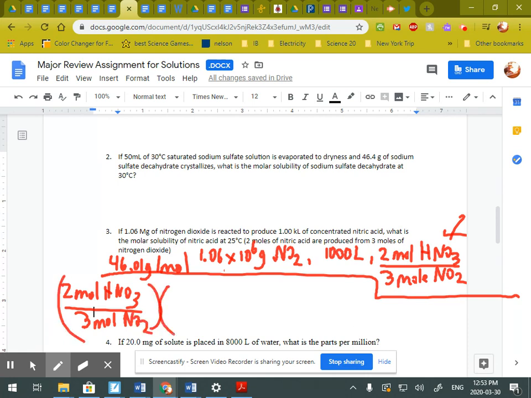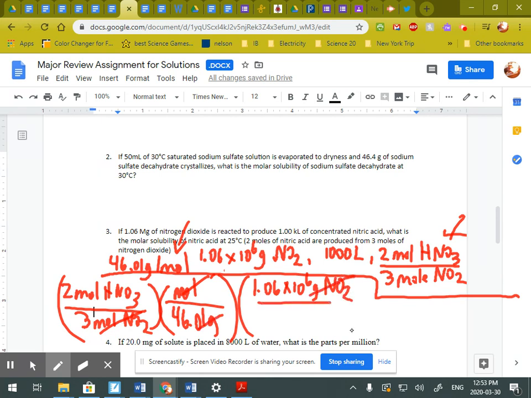Now, where are we going to get the mole to cancel out mole of nitrogen dioxide? Right there. Mole over 46.01 grams. Okay, moles cancel. Now we can put grams on top. Okay, that cancels. And we can put the liters on the bottom to get moles per liter.